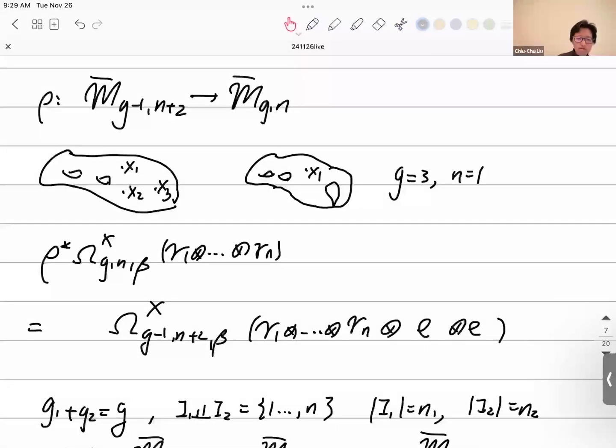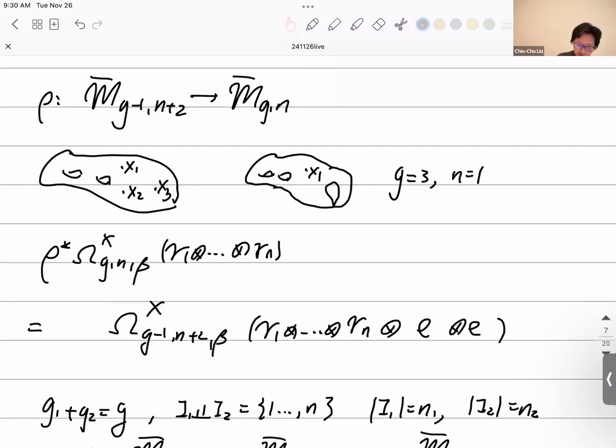So there are two cases. First, let's consider a map from M bar g minus 1, n plus 2 to M bar g,n. The image is a divisor in M bar g,n. You take the last two marked points and identify them so that you create a node. This decreases the marked points by 2 and increases the genus by 1. I draw a picture where g is equal to 3 and n is equal to 1.